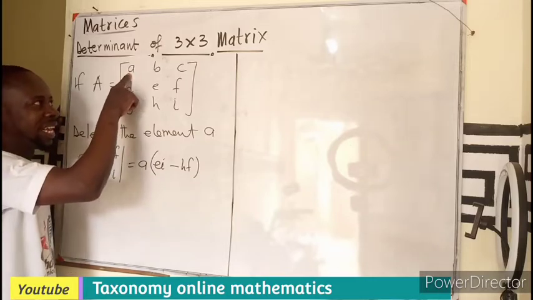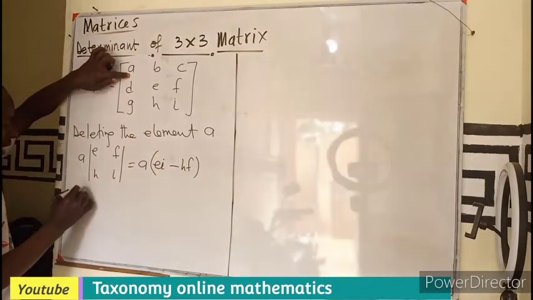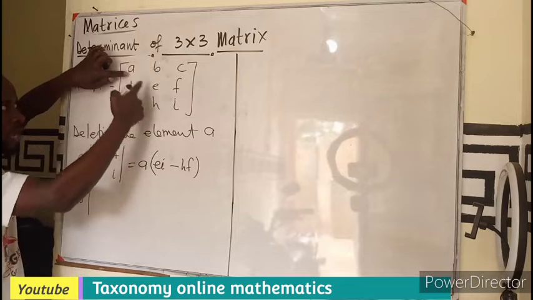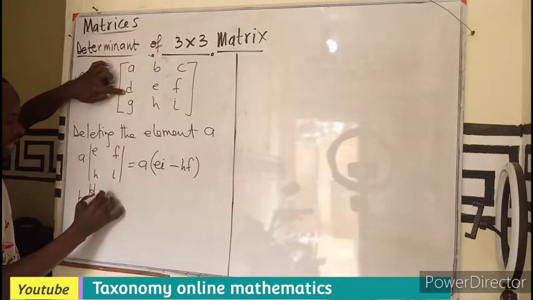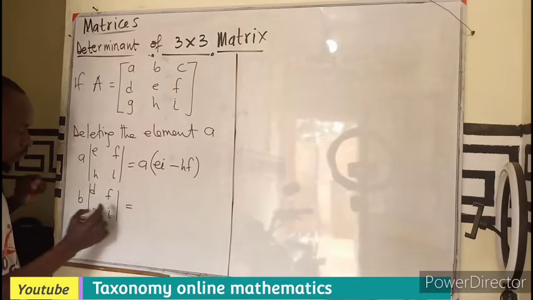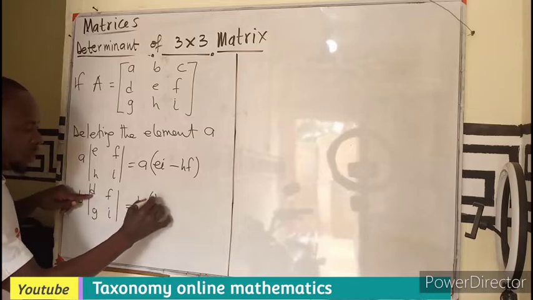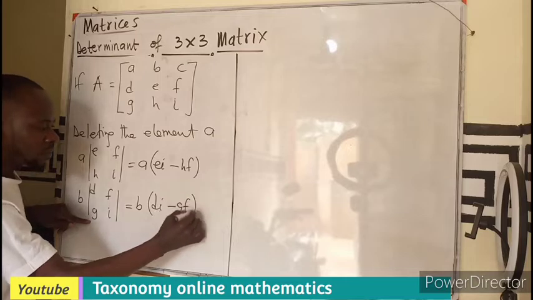Now don't forget, we can take it row by row. If I'm taking the first row, then B is going to go this way alongside with this. I'll be left with D, F, G, I. So the determinant will just be the leading diagonal minus the other diagonal.